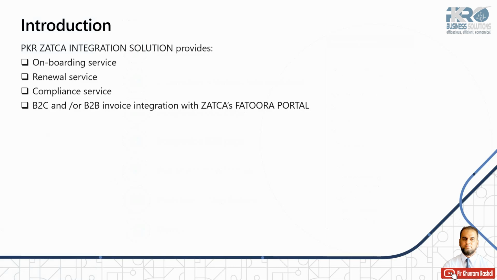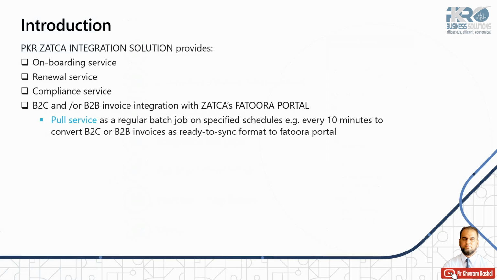Then we have B2C and or B2B invoice integration with the ZATCA FATOORA portal based on the company's requirement. Each client has a different requirement. Some have only B2B, some may have only B2C, and some may have both of these business scenarios.